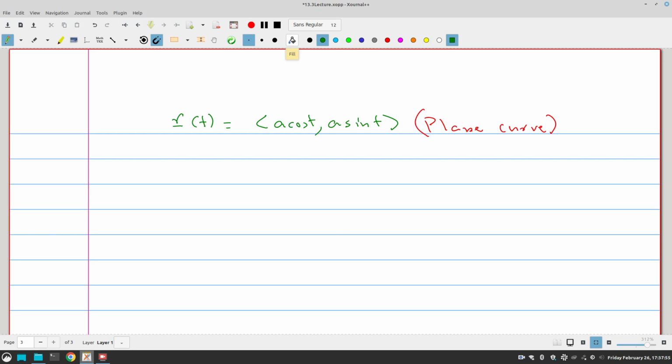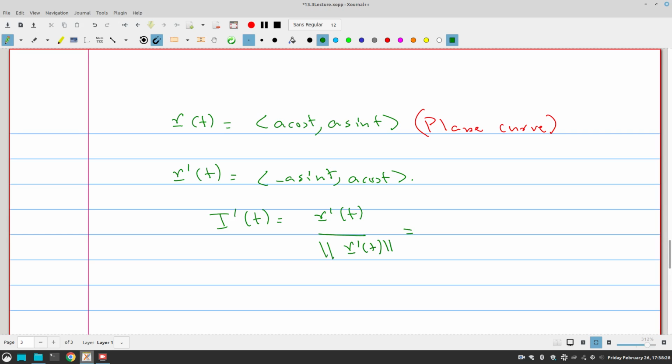So r prime t is of course negative a sine t, comma, a cosine t, right? So T of t equals r prime t divided by the modulus of r prime t.